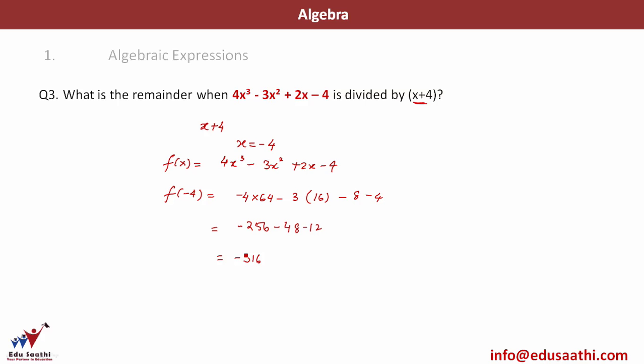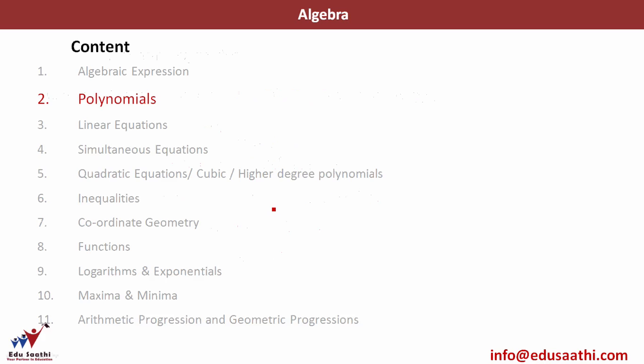So when this is divided by x plus 4, or when I put x equal to minus 4, the output, which is the remainder, comes out to be 316.